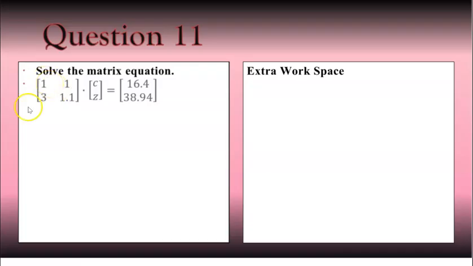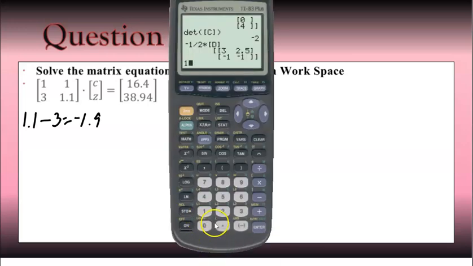So 1 times 1.1 is 1.1, minus 3 times 1 is 3. And this is going to give us a -1.9. Now we need to find the reciprocal of that. So on our calculator, we did 1.1, then minus... actually, not minus 1.9.